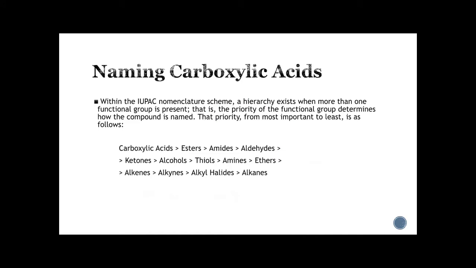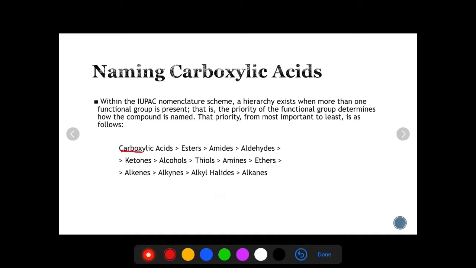So within the IUPAC system, when there's more than one functional group present, you have to follow the priority of the functional groups. Carboxylic acid has the highest priority, and then down here alkanes has the lowest priority.